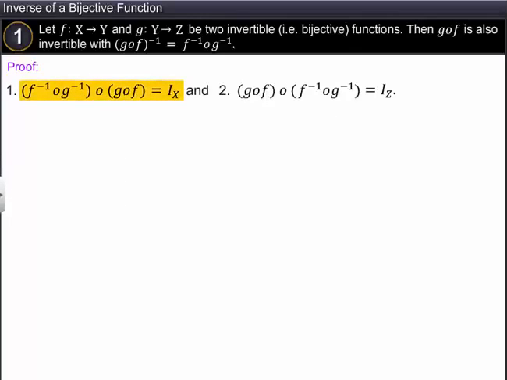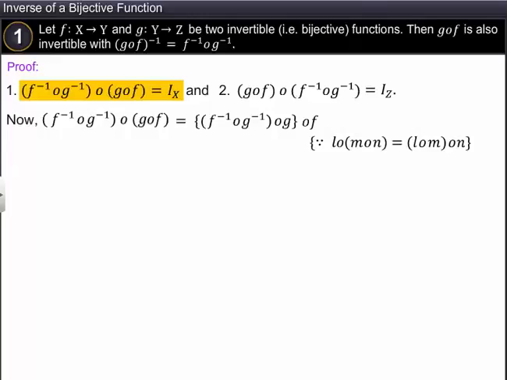Let's begin with the first part. By using the associative law of composition of functions, the composition of g circle f and f inverse circle g inverse can be written as the composition of g, f, and f inverse circle g inverse. Again, using the associative law, the terms inside the curly brackets can be written as the composition of f circle f inverse and g inverse.